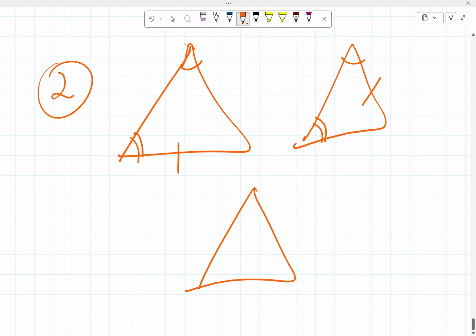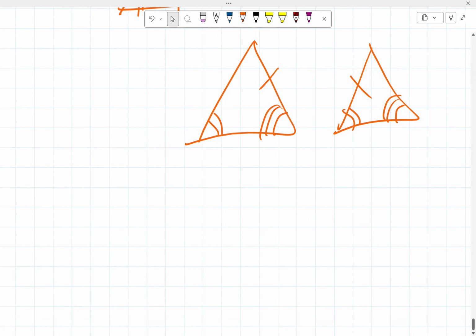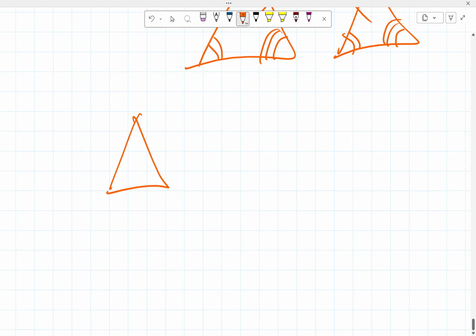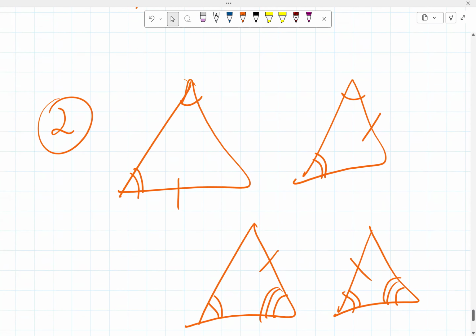Another possibility is maybe you know these two angles and either this side or this side. So you have two known angles and a side facing any of the angles. Of course, there are two other possibilities in that regard, right?